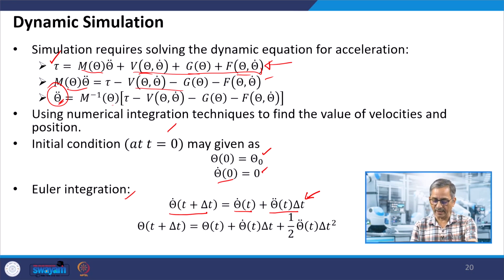Using this theta dot multiplied with delta t, and theta double dot multiplied with delta t squared times 1 by 2, I can get the value of theta at the time t plus delta t, of course, if I know the value of theta at time t. This way I can simulate my manipulator.